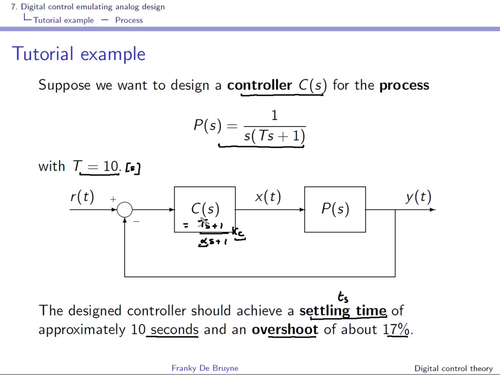As you can see, this zero in the controller will cancel out the pole in the process. We can do this because t is positive, so we have a stable pole that is cancelled.